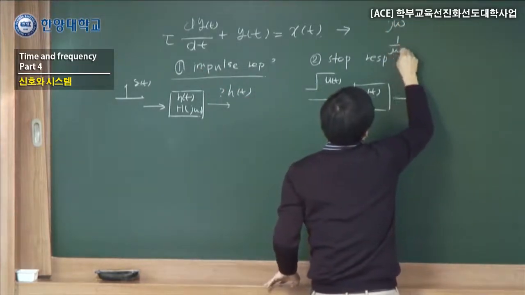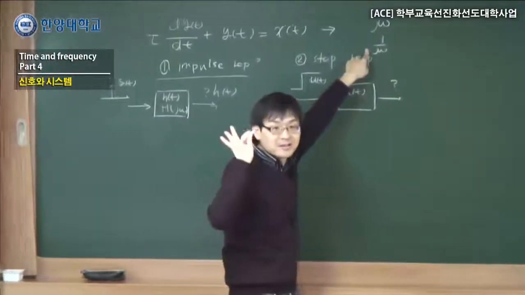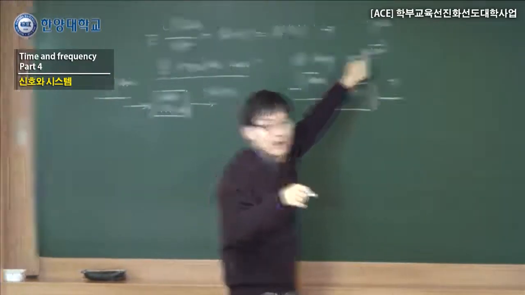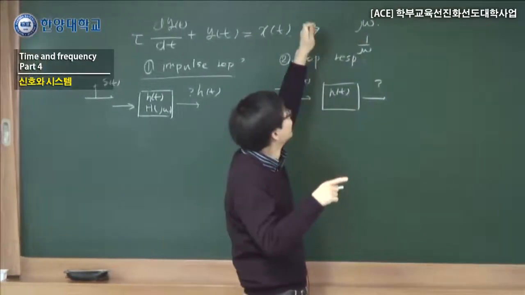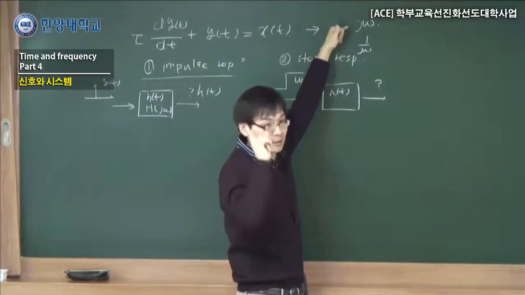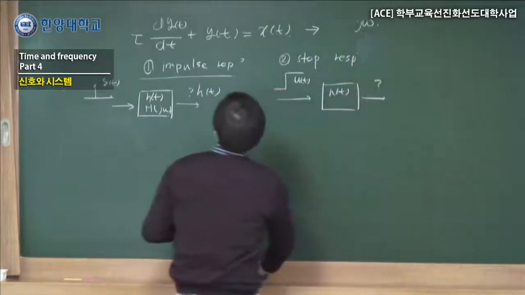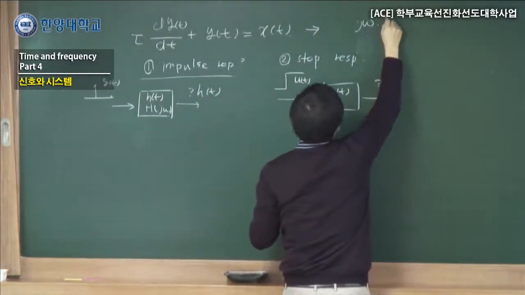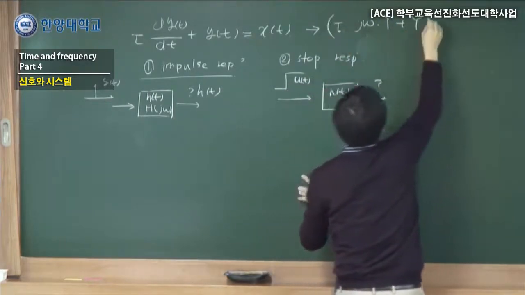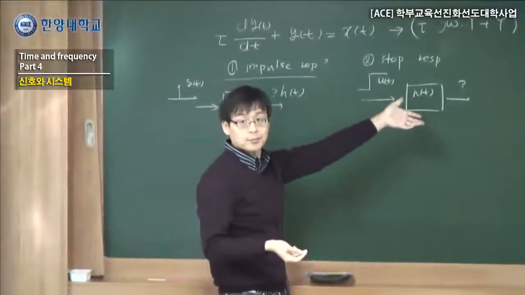Differentiation, which one is it? j omega, right? So j omega y, and there will be tau times that plus y, which equals x. That's how we change to the Fourier transform.